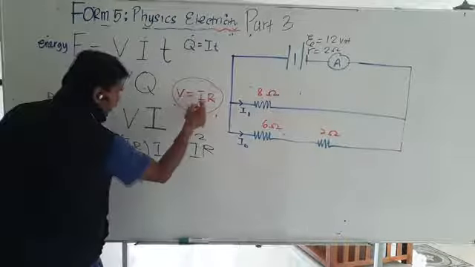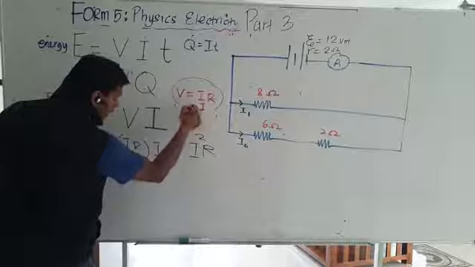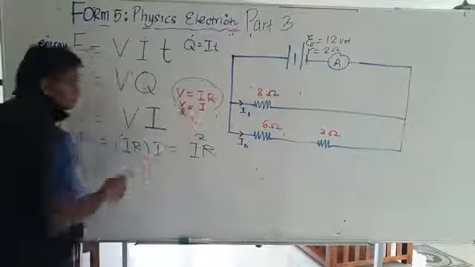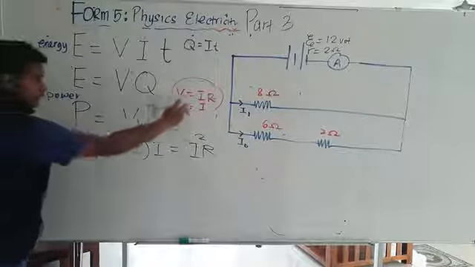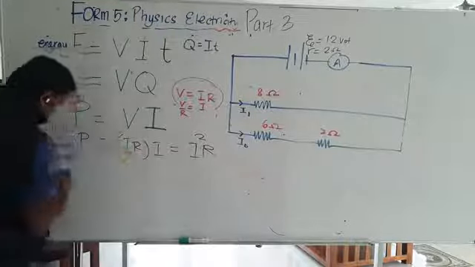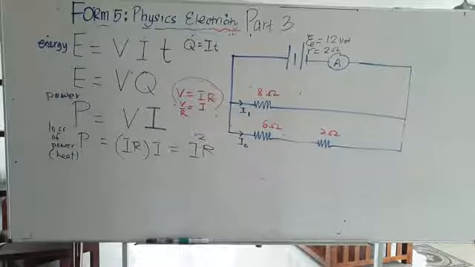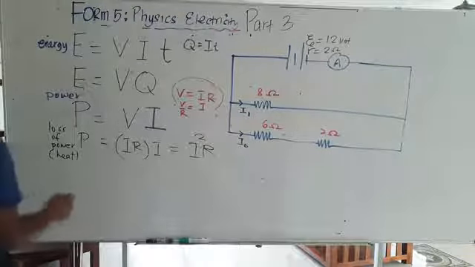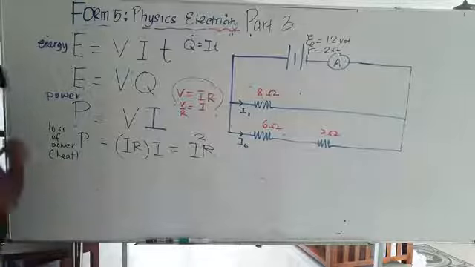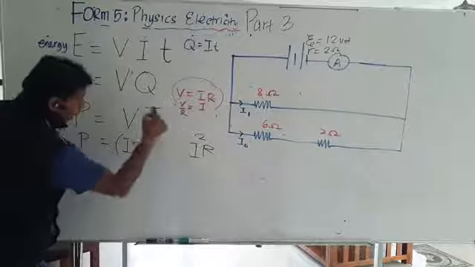Now, let's take a look at this one. V equals IR again. From here, what is I? Bring the R down, you get I equals V over R. Now take this and put it inside P equals VI. What are you going to get? You replace I, correct?